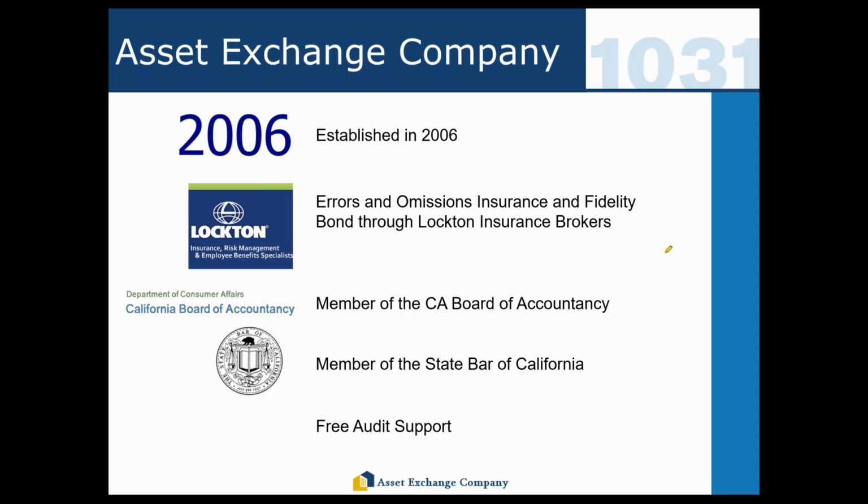In addition, as I mentioned before, one of our principals, Adam Skarsgård, is a tax attorney. So we are also a member of the California Board of Accountancy and a member of the California State Bar. Now, for us, we also add an additional layer of support for our clients, and that is we provide free audit support.